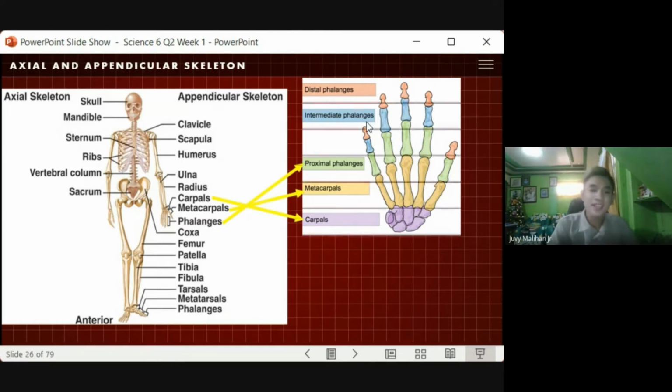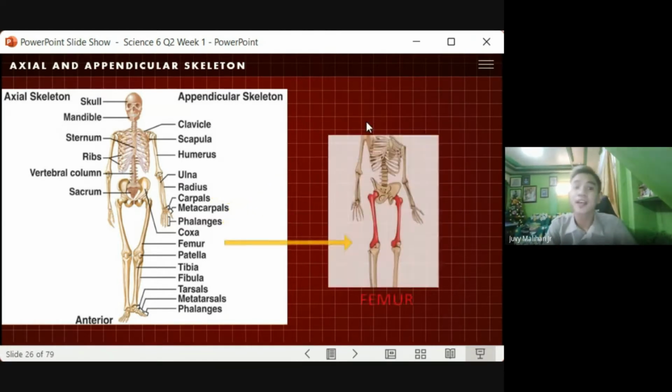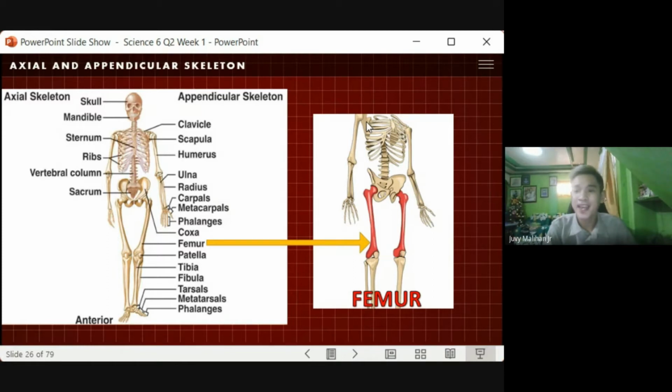Alright, next we also have the femur. Okay, and don't you know, class, that the longest bone in our body is the femur. Okay, so don't forget that one, class. Again, the longest bone in our body is the femur. Okay, so if we have a longest bone, we also have a smallest bone.